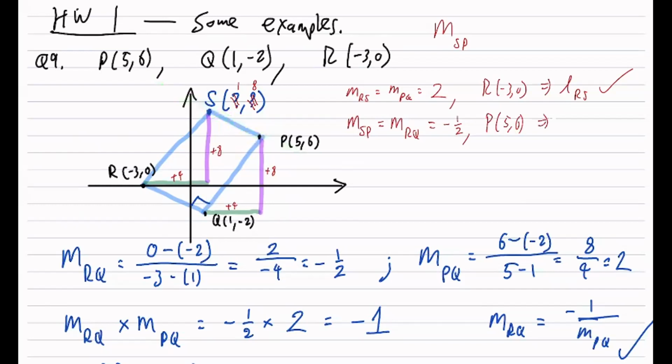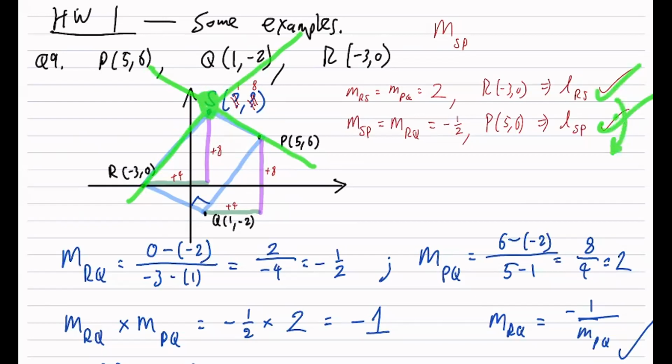Then from there, we can find the equation of the line SP. Correct or not? So if we can find the equation of this line, how do we solve for S? Simultaneous. Okay. Then you can solve from there. Get x, get y.